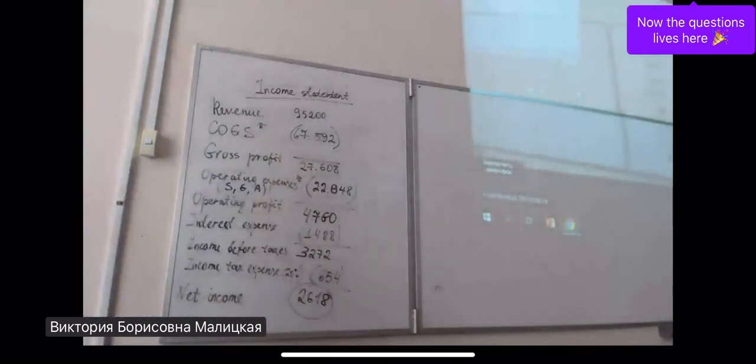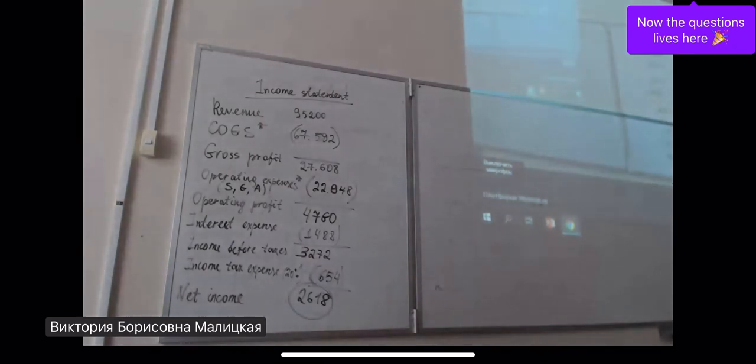I'm just telling you the Russian practice. We put all expenses in brackets. Everything that is negative. In Russia, we do not write down minus. Instead, we write down in brackets. But again, this is only the Russian practice.